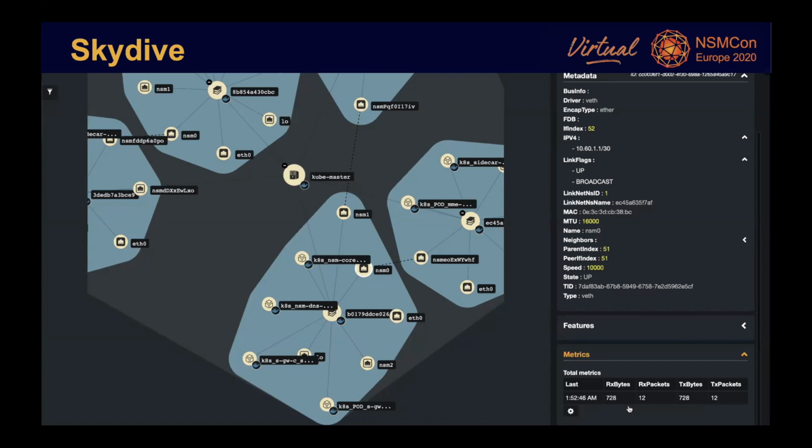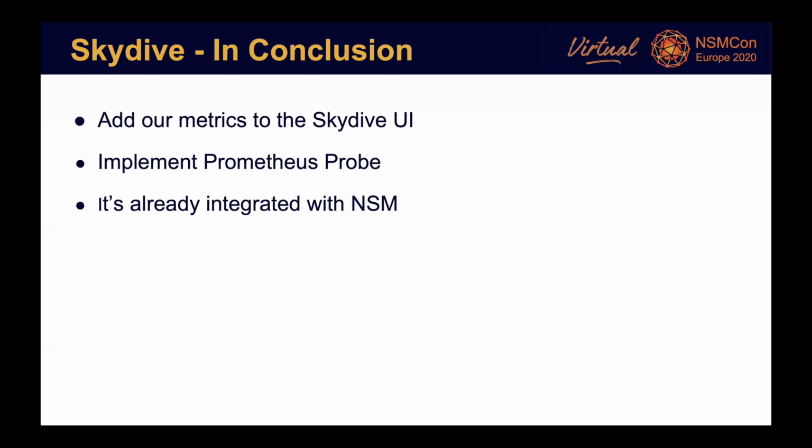between specific pods. So for that, we opened an issue in Skydive to form a discussion with their community and share what we want to have. And we have several options.